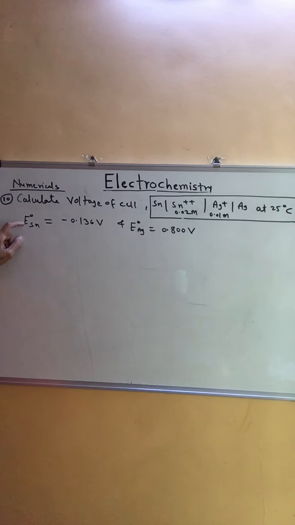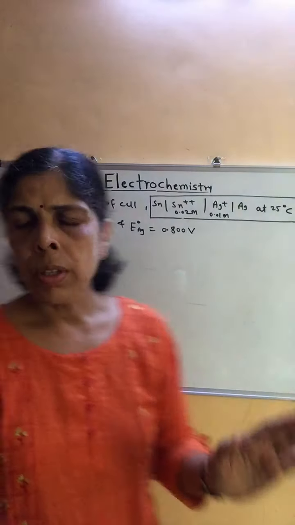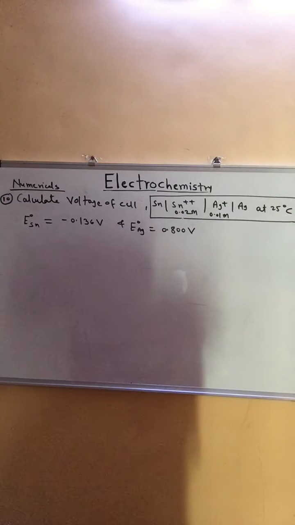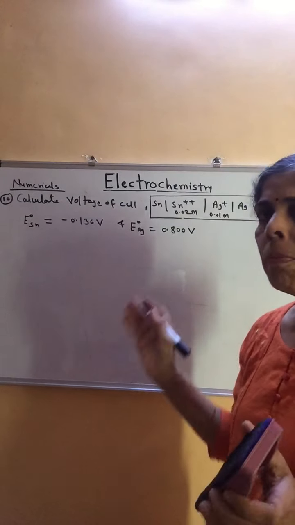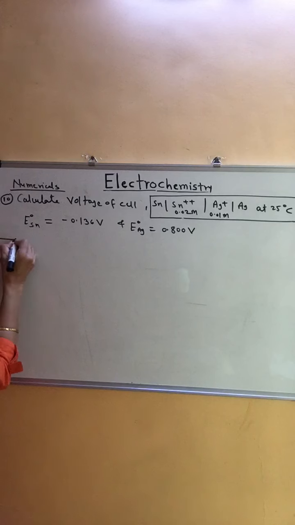And what is given? The standard electrode potential of Sn, that is tin, is minus 0.136 volts, and the standard potential of the silver electrode is 0.800 volts. These are the things which are given. What is to be calculated? You have to calculate the voltage of the complete cell. So we will first write the Nernst equation.